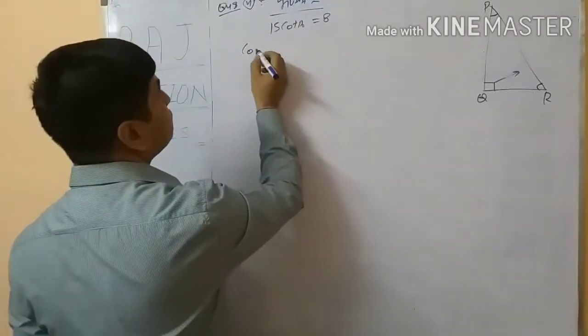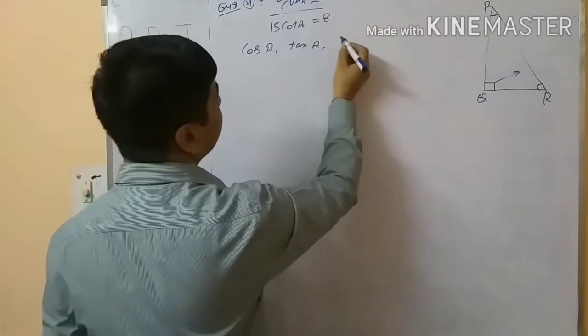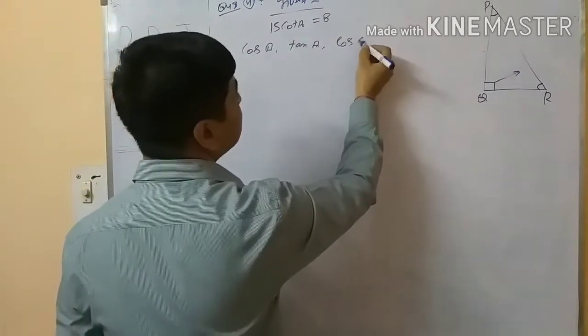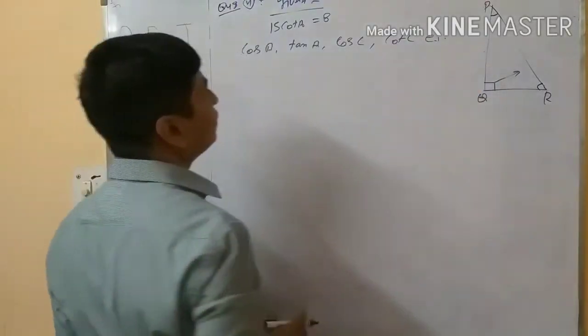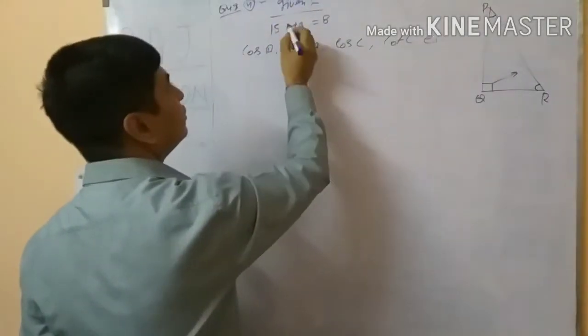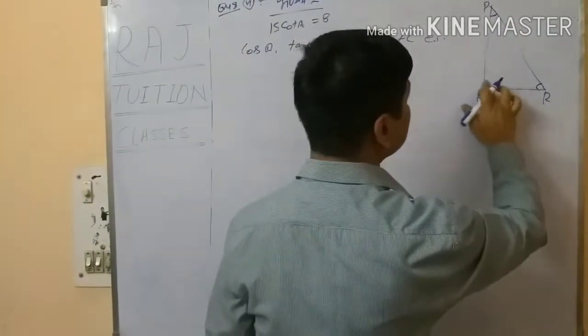Calculate the value of cos A, tan A, and if you are also interested, cos C, cot C, etc. You can find any value if you resolve this triangle.